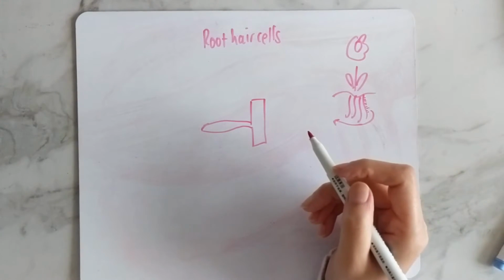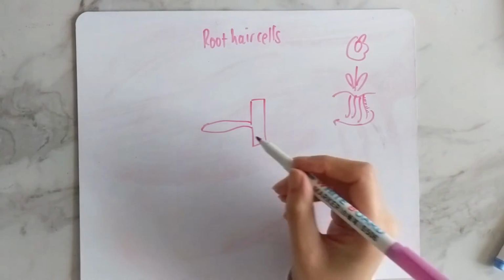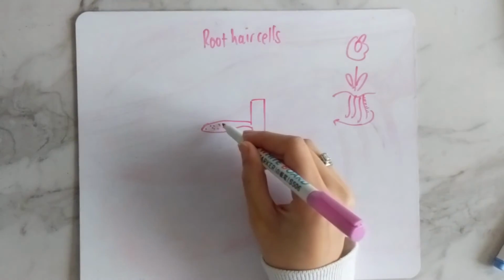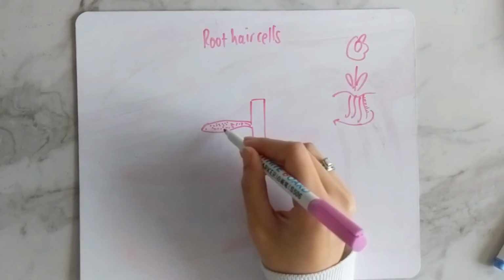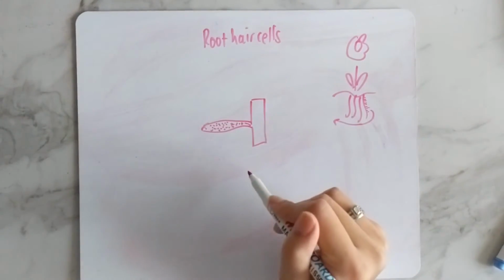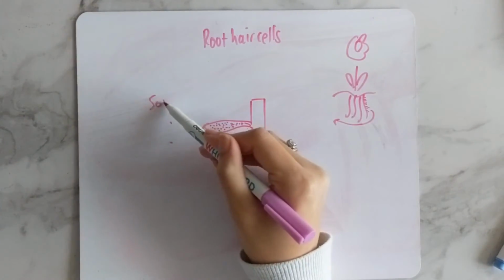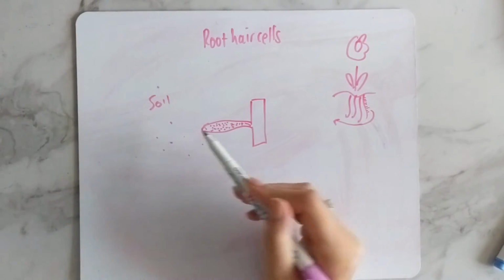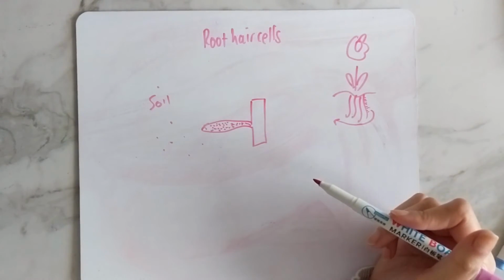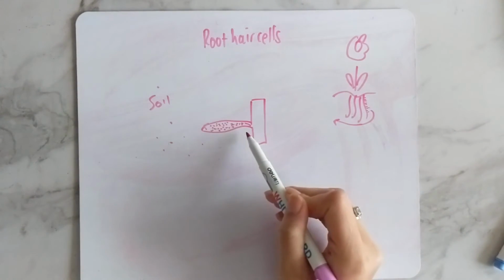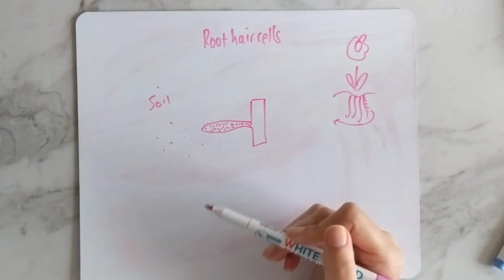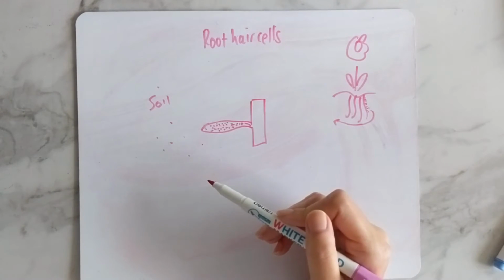So what tends to happen with root hair cells then? There tends to be more water and minerals inside the root hair cell than there is in the soil. However, plants still want to take up as much as they can. Even if they've got a lot there already, they want to continually keep taking more and more up.